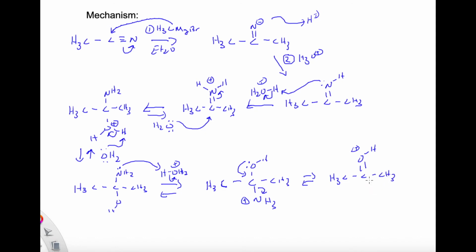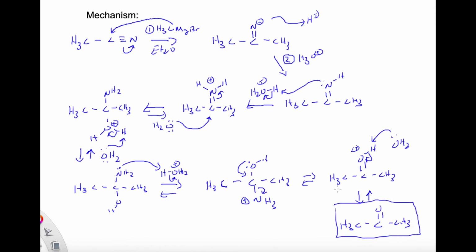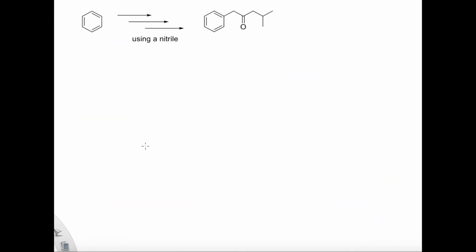And then, of course, water is going to come back, and it's going to pick up that last proton there, and you can see that we end up here with the ketone that we formed. So whatever is on the carbon that's on the Grignard, that is what's added to it. And then the nitrile carbon becomes the carbonyl.